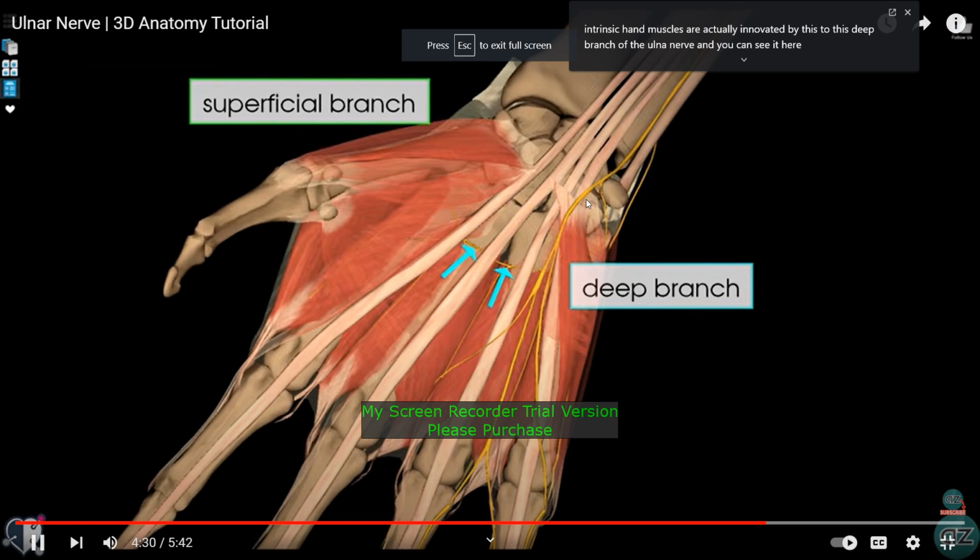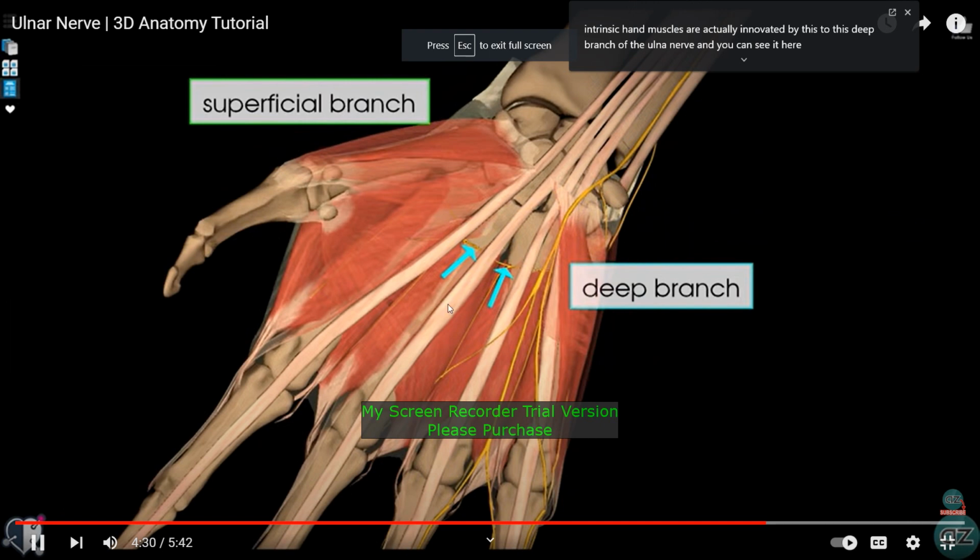This Guyon's canal is covered by the volar carpal ligament, and thereby the ulnar nerve does not become a part of the carpal tunnel, because it lies on the medial side of the flexor retinaculum in a separate canal called Guyon's canal. After entering through Guyon's canal, at the pisiform bone it gives out two branches, a deep branch and a superficial branch.